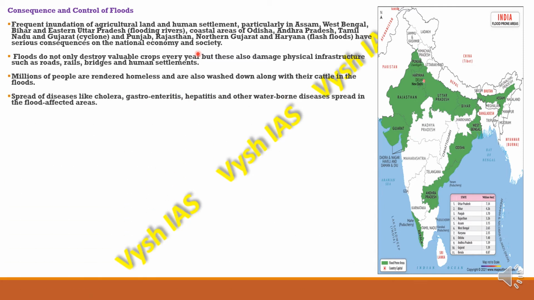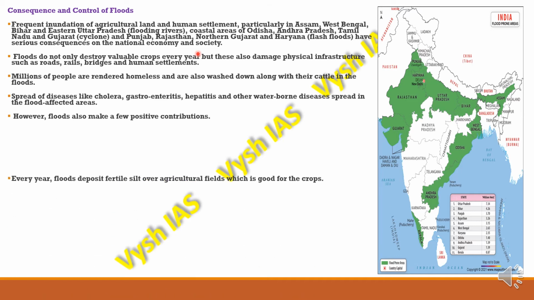Diseases like cholera, gastroenteritis, hepatitis, and other waterborne diseases also spread in the flood-affected areas. They say that floods also make a few positive contributions, but these are of no use because enough damage of life and property has already taken place.